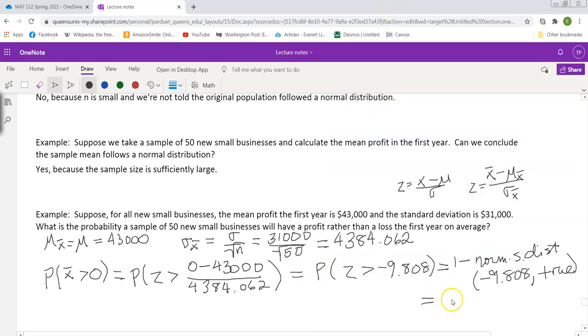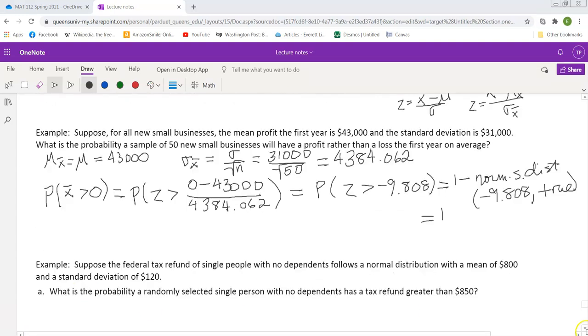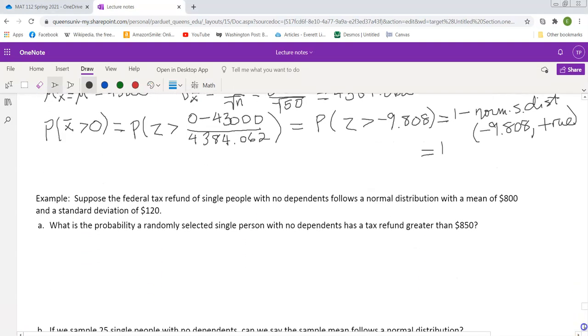And that's not exactly 1, it's just 1 rounded to a whole lot of decimal places. All right, so this tells us that in our sample of 50, it's almost guaranteed that that sample of 50 is going to have a profit their first year. All right, let's move on to the next example.